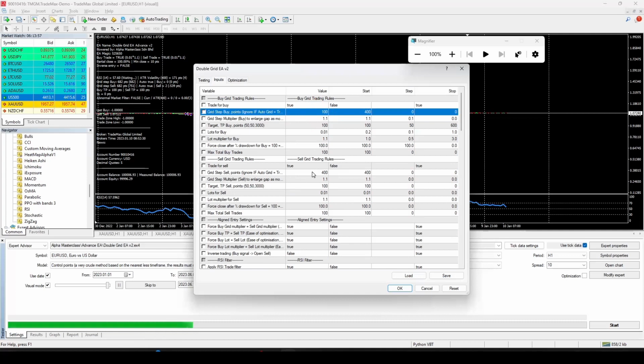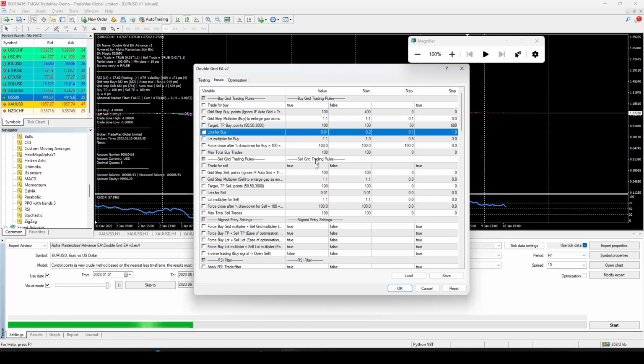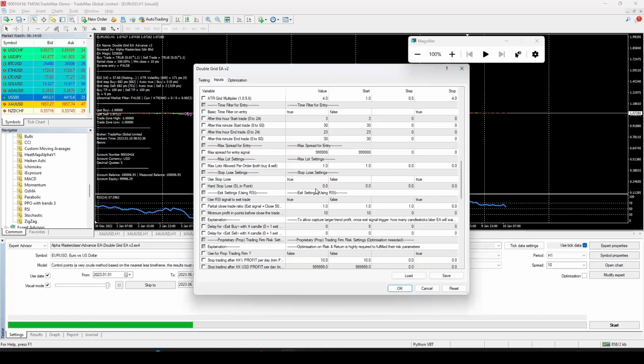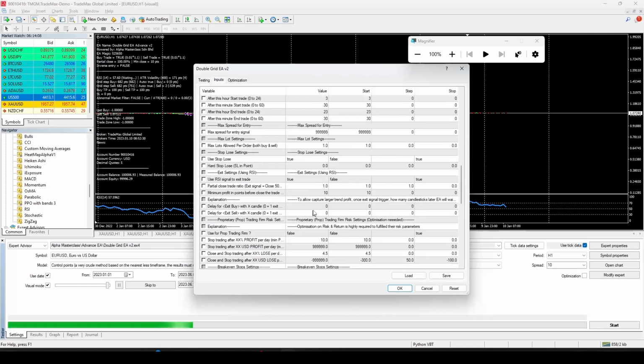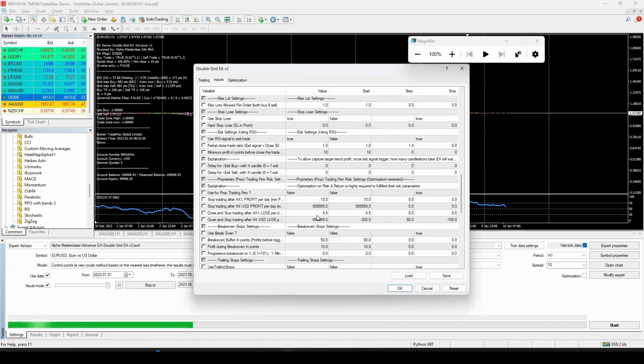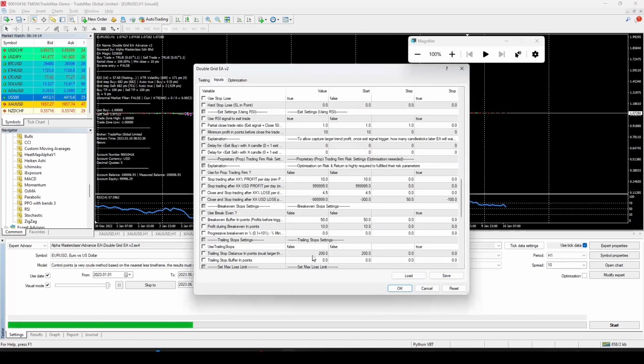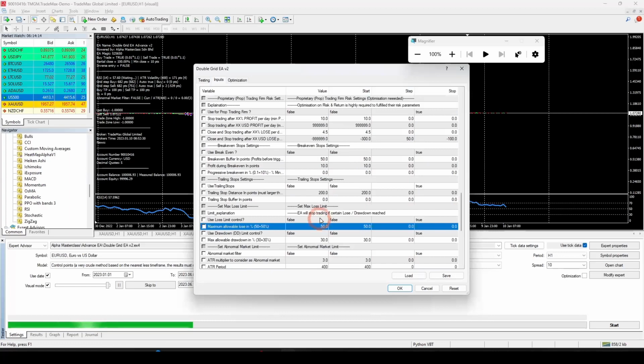And the sell side will be the same, 100 points, 100 points. Then here, take profit of 100 points, then lot size of 0.01. And the next thing that he did, which interests me a lot, is the abnormal market filter, which is here.